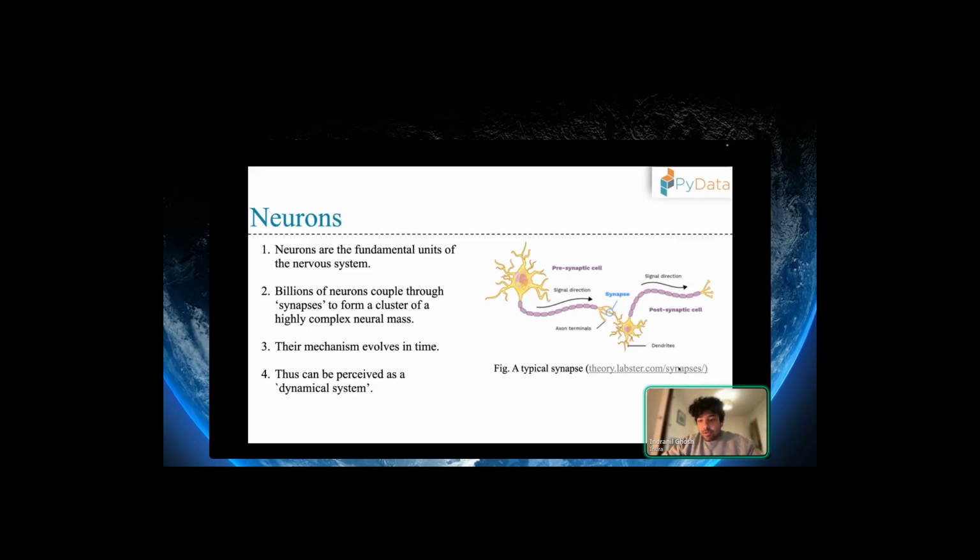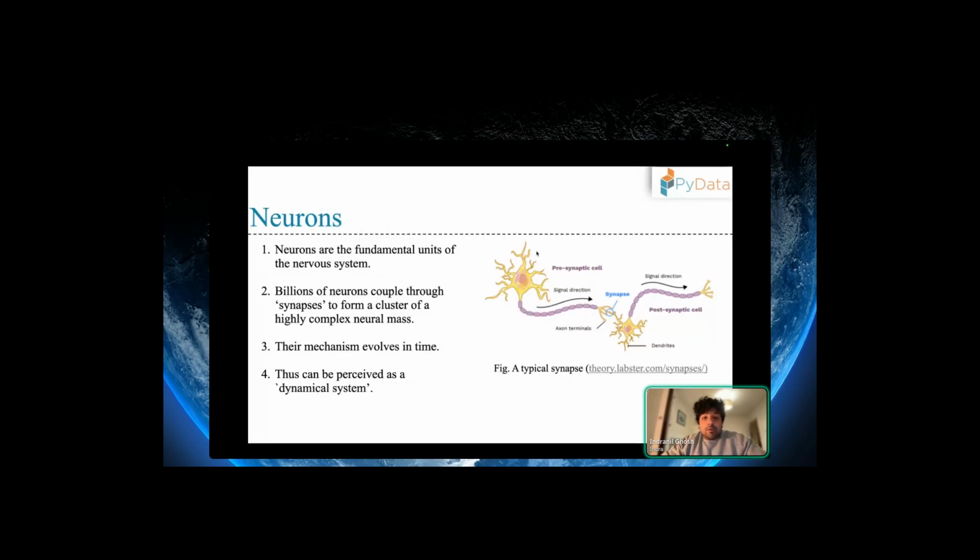I've taken this picture from a website which does a very good job of giving a pedagogical overview of what neurons and synapses are. The synapse connects two neurons and propagates the signal from one neuron to the next. That's its job.